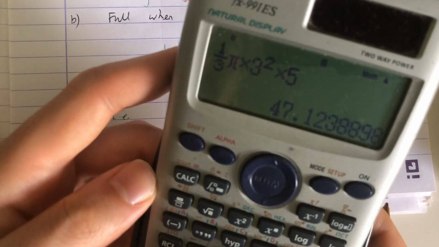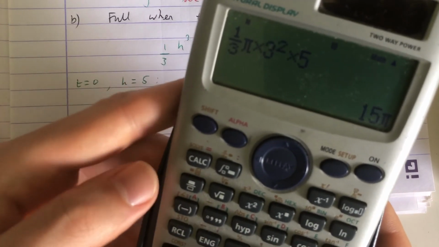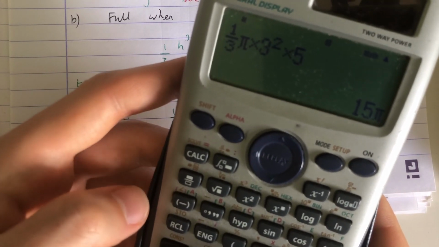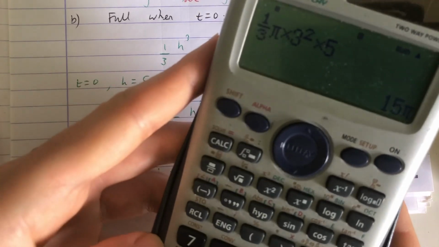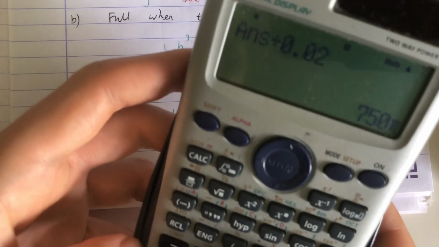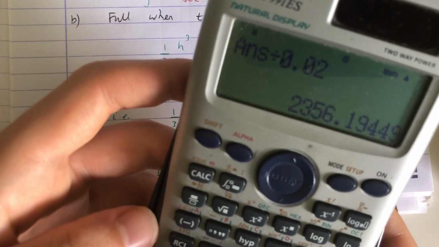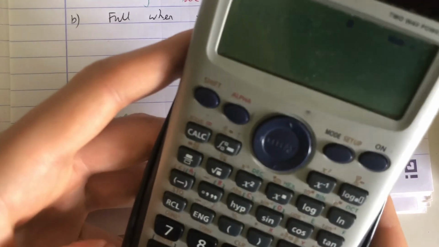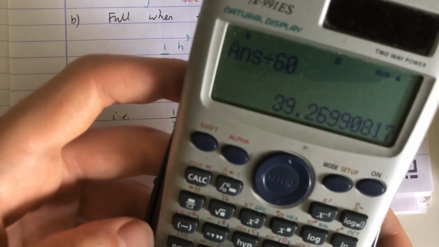That's the volume at the start, and it leaks at a constant rate of 0.02. If it wasn't constant, I could not do this. It gives the same answer, in minutes obviously. And that would be it.